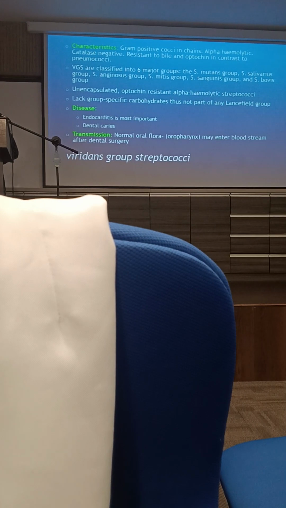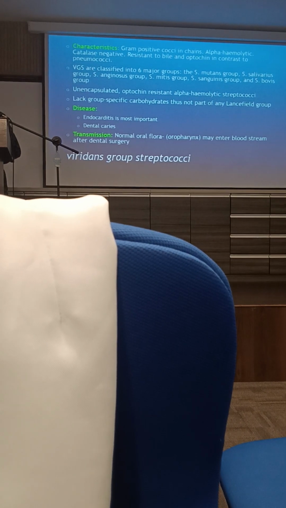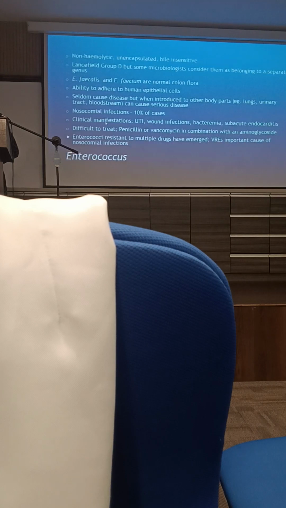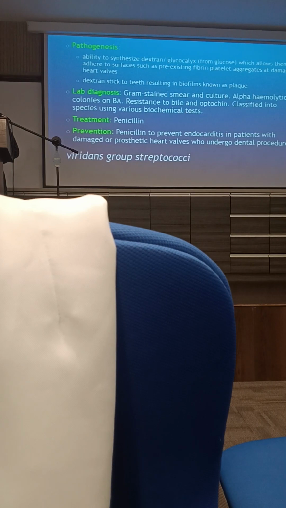During a dental procedure, there are some wounds, right? You see blood coming. So sometimes the bacteria present in the oral area can get into the bloodstream and cause this endocarditis.